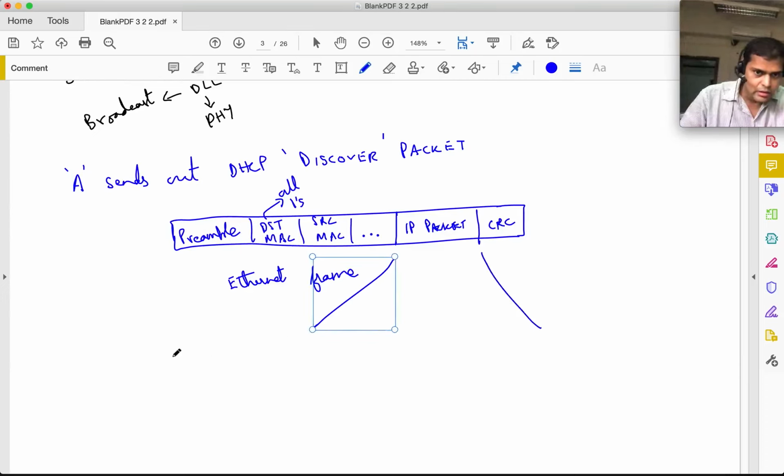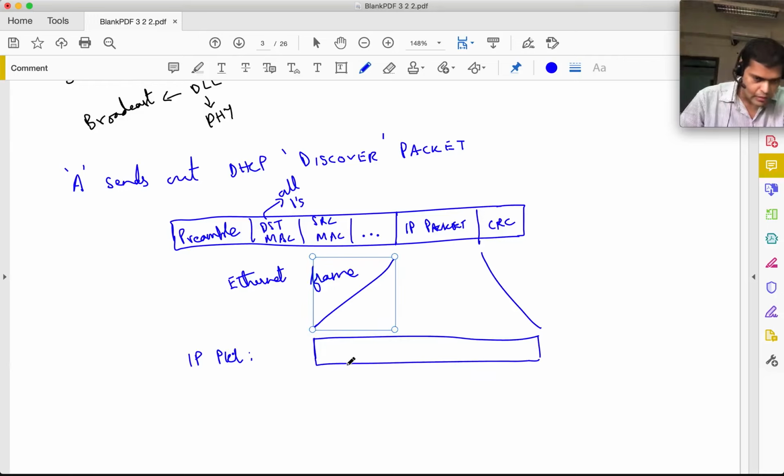Here the IP packet also should have, I'm not looking at all the fields, but you have source IP, destination IP, and this has to be all ones corresponding to the broadcast. And of course here this is the DHCP information.